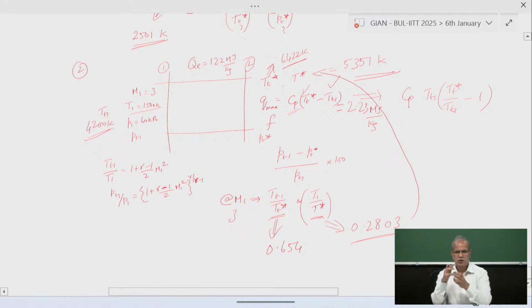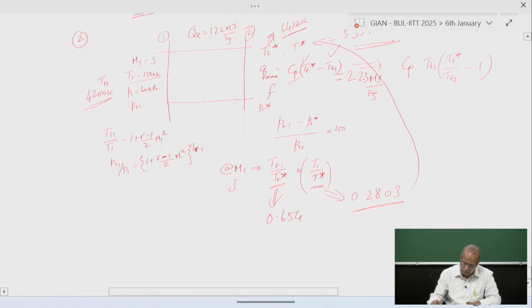What is the pressure change in the combustor? See at M1 of 3, at M1 you can find PT star by PT1 from the table directly.